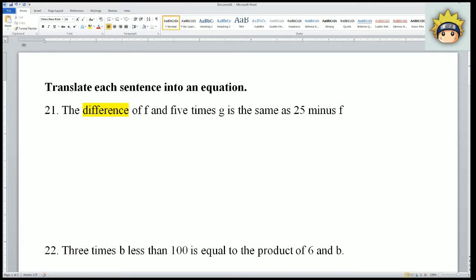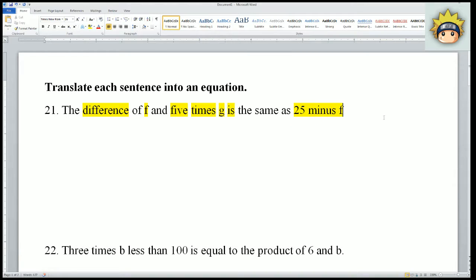The difference of f, that is important as well. 5 times g is the same as 25 minus f.